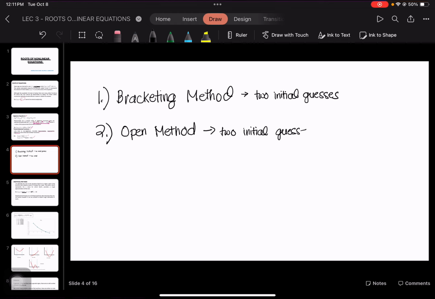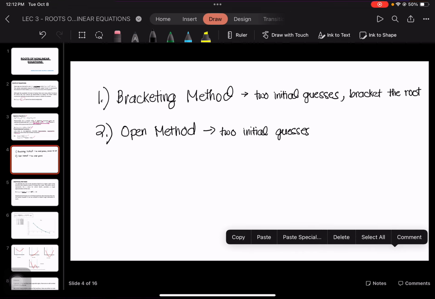But dito sa bracketing method, kailangan yung dalawang initial guess mo na yan will bracket the root. So, ibig sabihin, these 2 initial guesses must be on either side of the root.